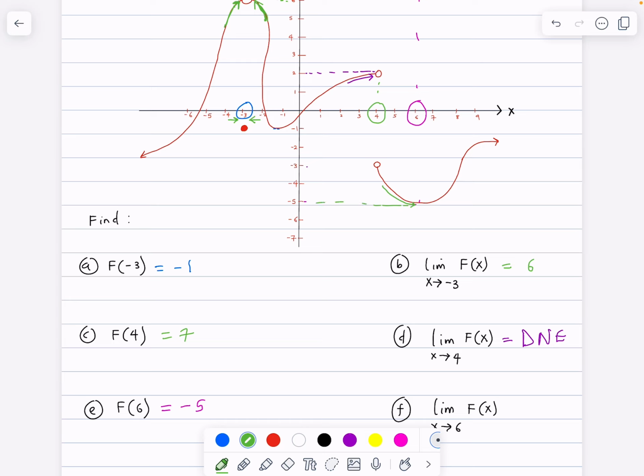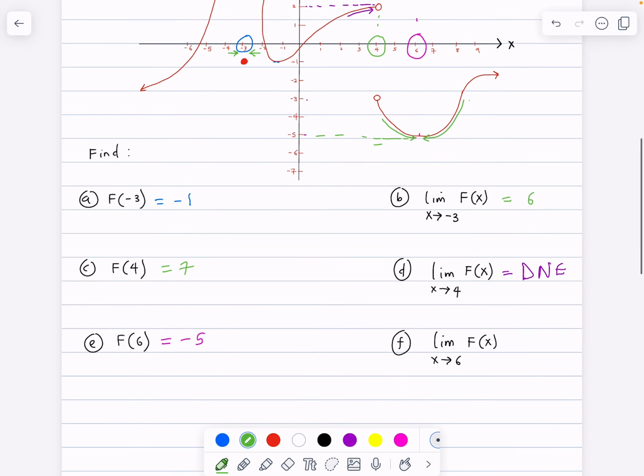The value there is -5. From the right also, what's the value? The value there is also -5. So the limit of f of x as x approaches 6 is just going to be -5 because the left limit is equal to the right limit.